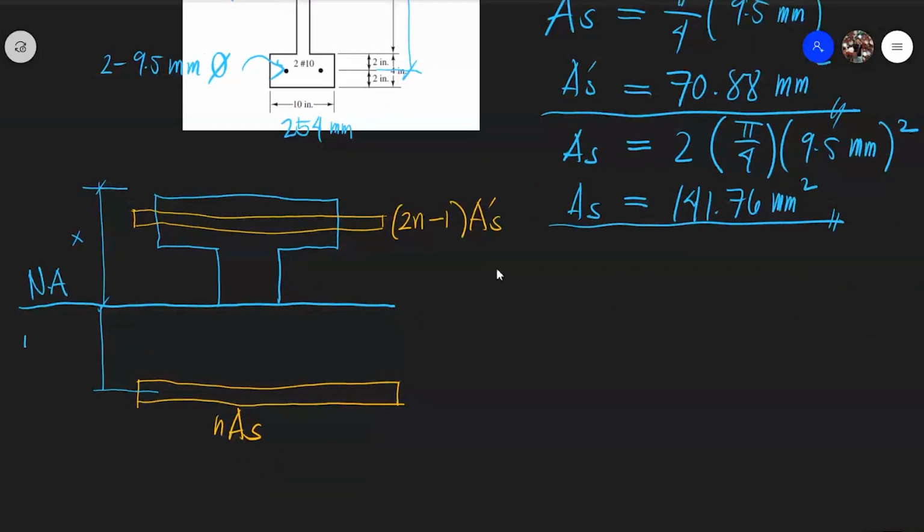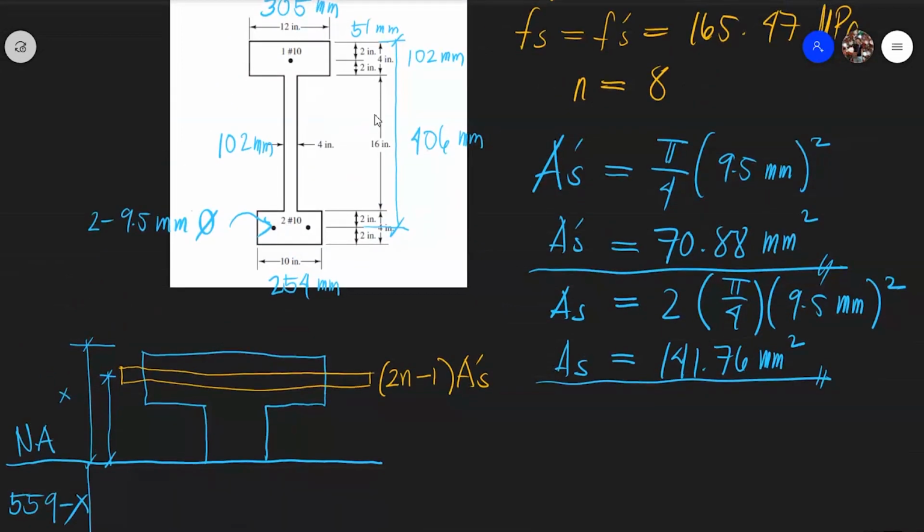So this distance will be 559 minus x. How about this other distance, from the neutral axis? That would be x minus 51 mm.